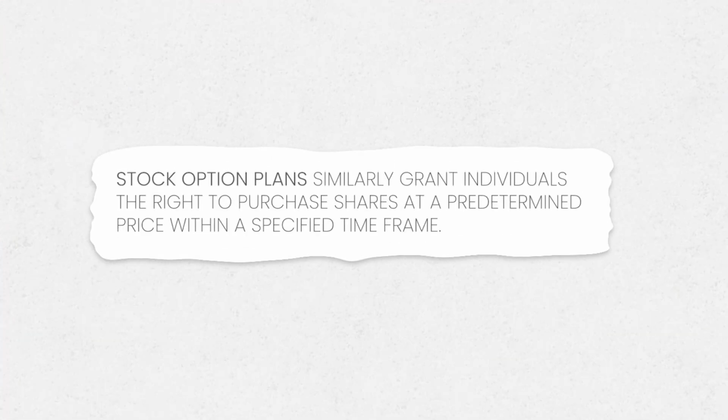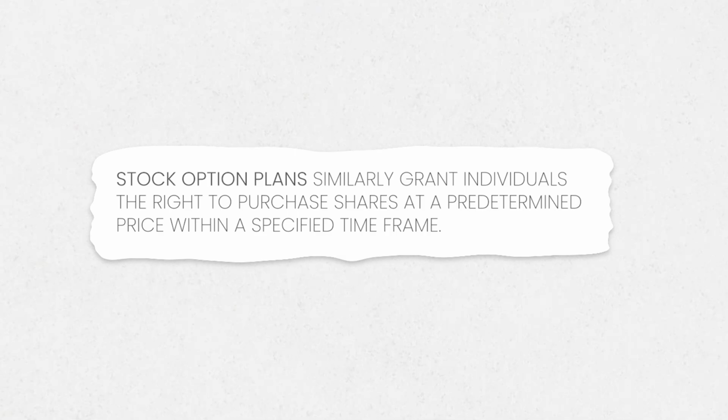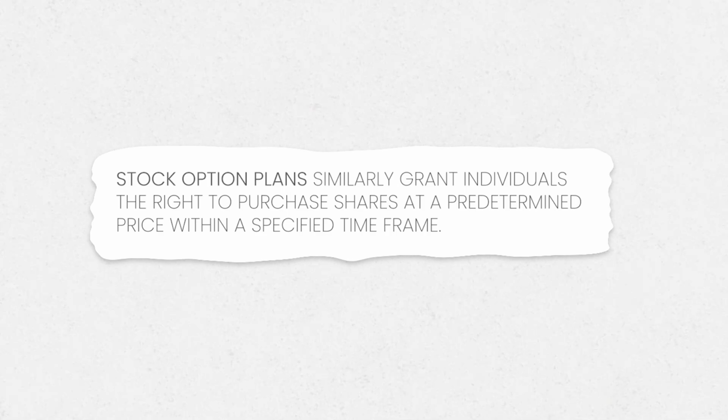This approach will align the interests of the employees with the long-term objectives of the company. Stock option plans similarly grant individuals the right to purchase shares at a predetermined price within a specified time frame. Generally, they expire within 5 to 10 years. These plans are often used to attract and retain talent, align employee interests with company performance, and provide opportunities for employees to share in the company's growth.